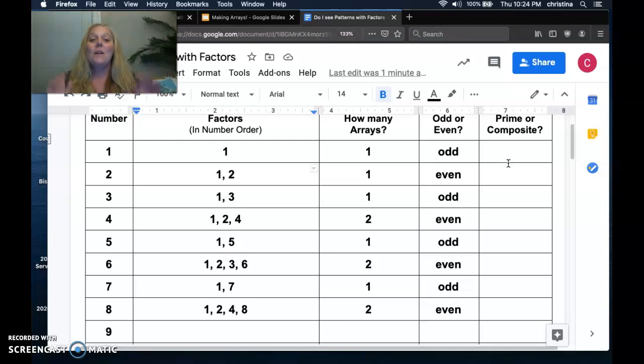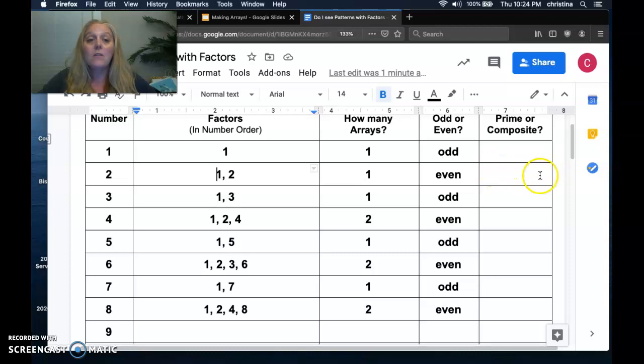All right, so to be prime or composite depends on how many factors you have. So prime numbers have exactly 2 factors, okay, 2 factors. And those 2 factors have to be 1 and itself. So if you look at our chart, you'll notice that the number 2, the number 3, the number 5, and the number 7 all have factors of 1 and itself.